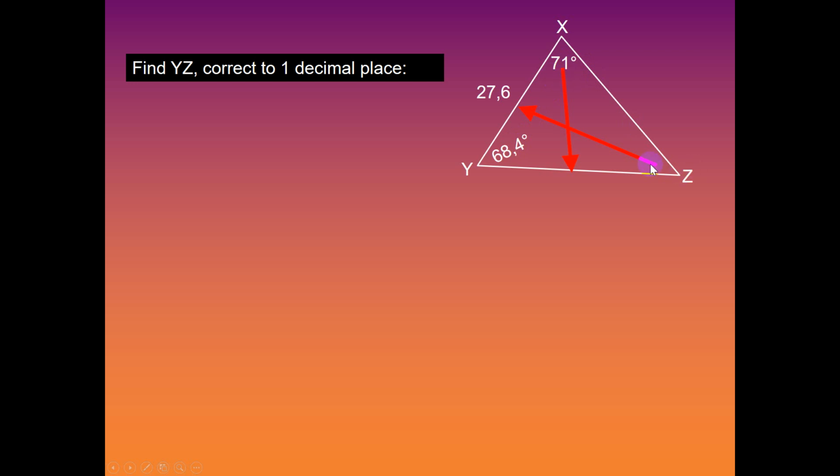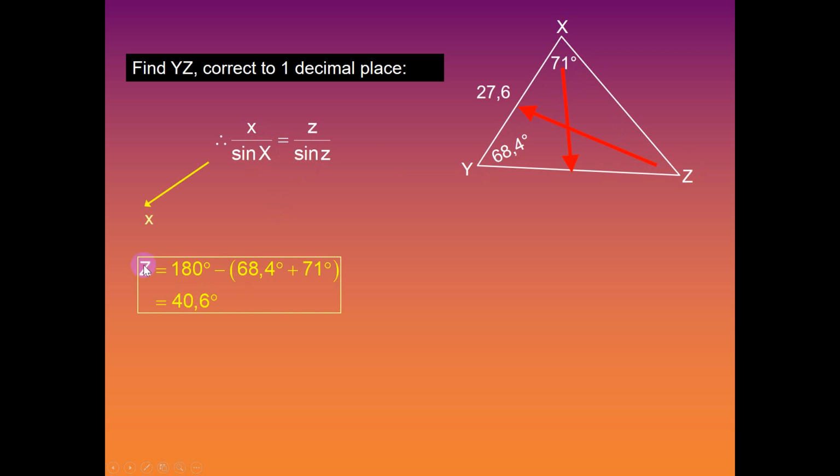So we can find the third angle using sum of angles of a triangle. So note the formula: x over sine X is equal to z over sine Z. And remember I said to find angle Z, we can use sum of angles of a triangle. So we'll take 180, subtract 68.4 plus 71, and that gives us 40.6.